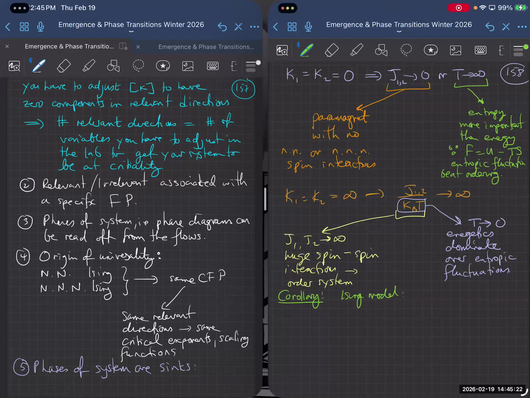You might say, well, why don't we say that YT is associated with a variable T and YH is associated with a variable H. Now, it's not really true. As we'll see, the variables that we have as relevant variables may be linear combinations of the physical variables that you tune in the lab. But for now, let's just be simplistic and make that direct association, even though it's not completely true.